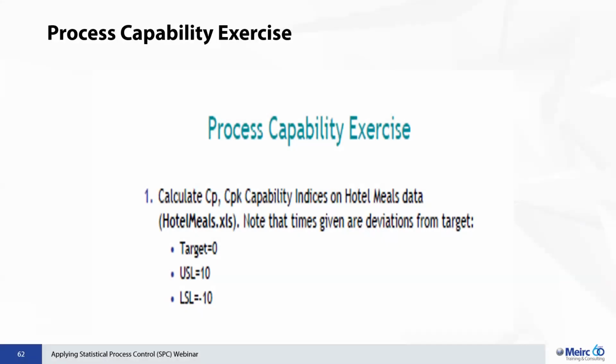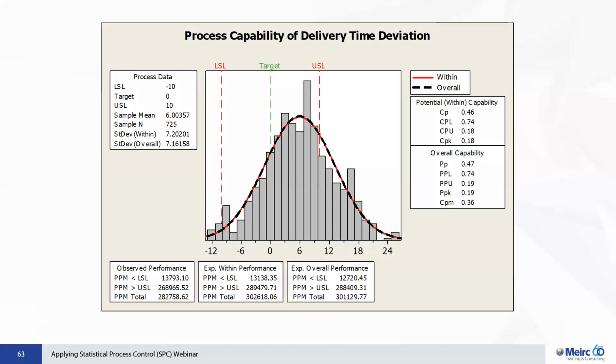So again, software has made our life easier. This is taken directly from Minitab for a data set, and you can see here, it will give you all the required indices. You can see the CPK here. As I said, there are other indices, but CPK tends to be good enough. And you can see very low CPK in this case.